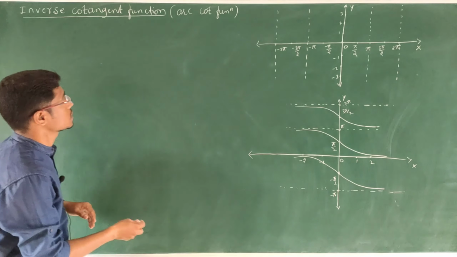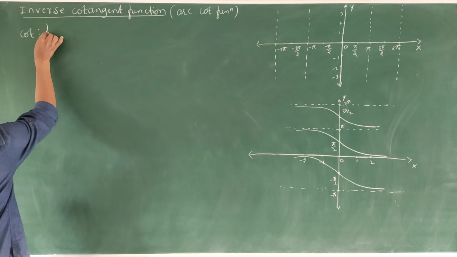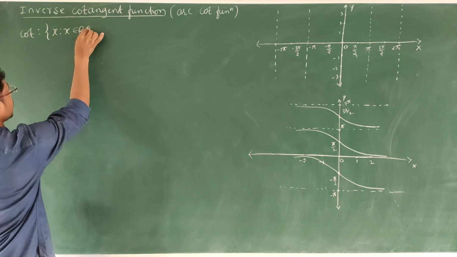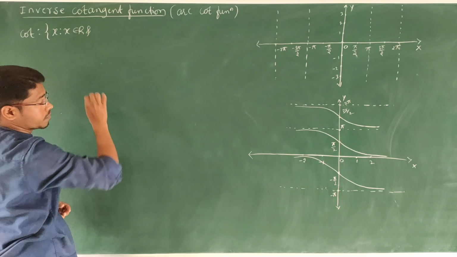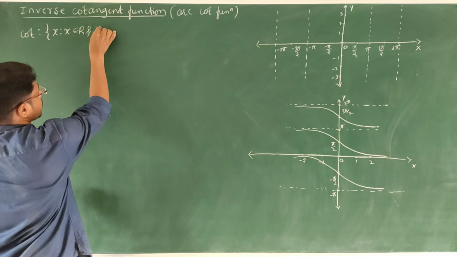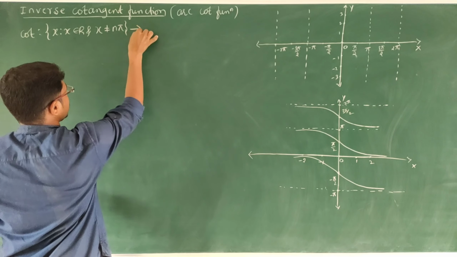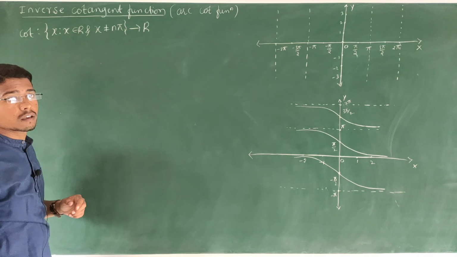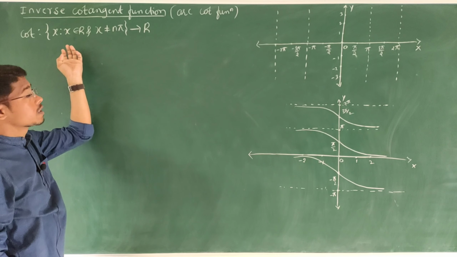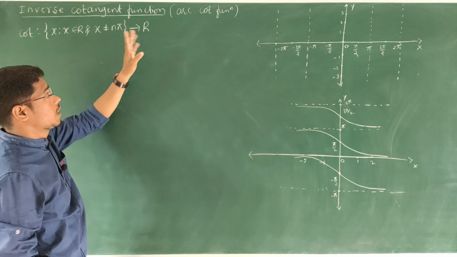Cot is defined for x such that x belongs to R and x is not equal to n pi.